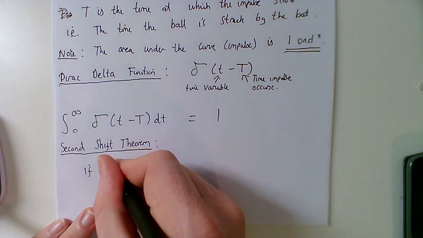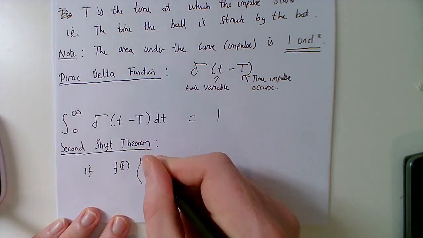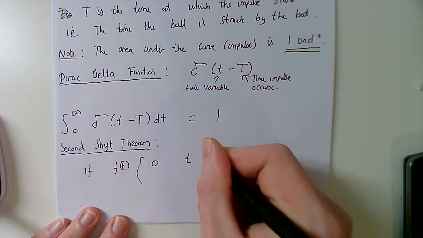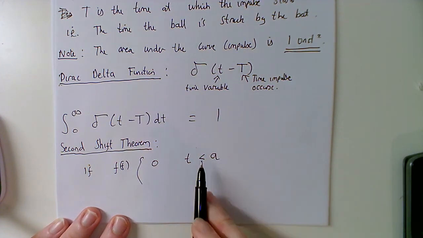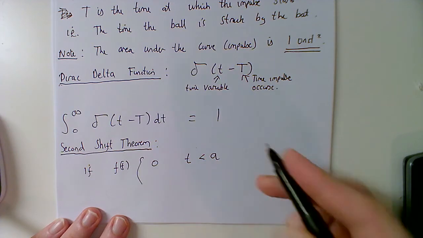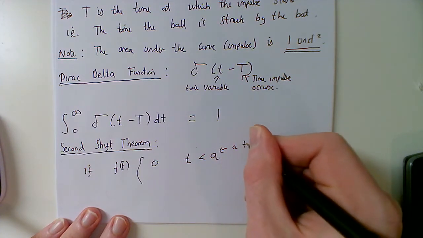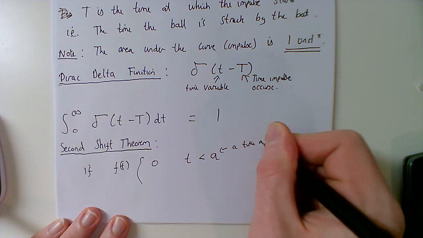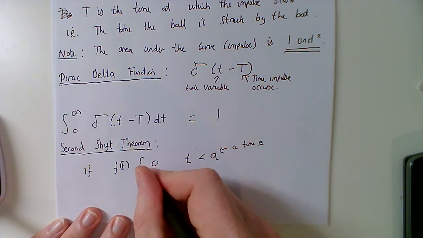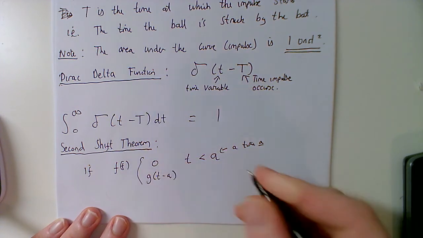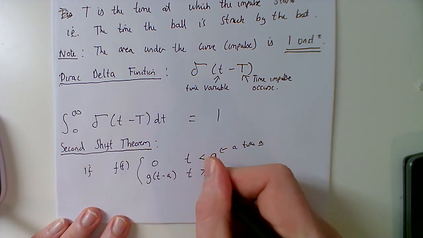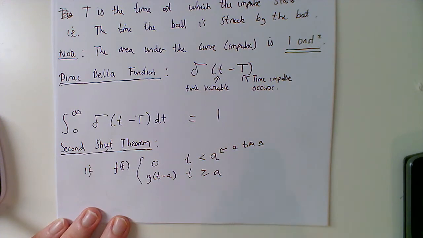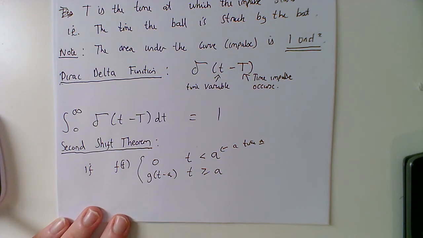So if f of t is 0 for any point in time before another time a, and then is this function g for any time after this time a. a is where this thing occurs, and that continues to affect it all the way along past its time.